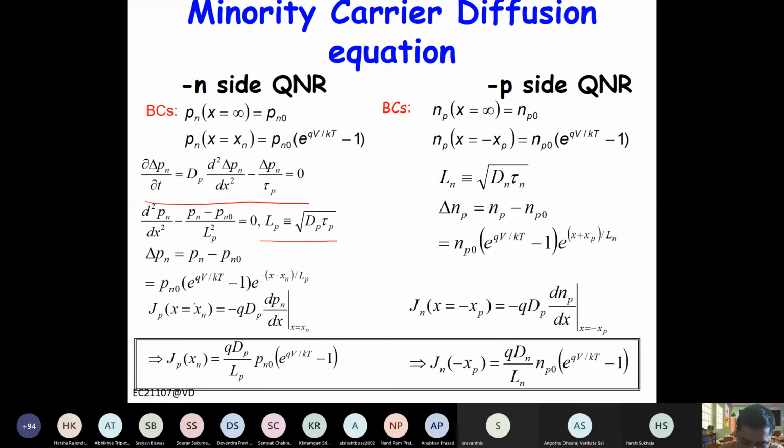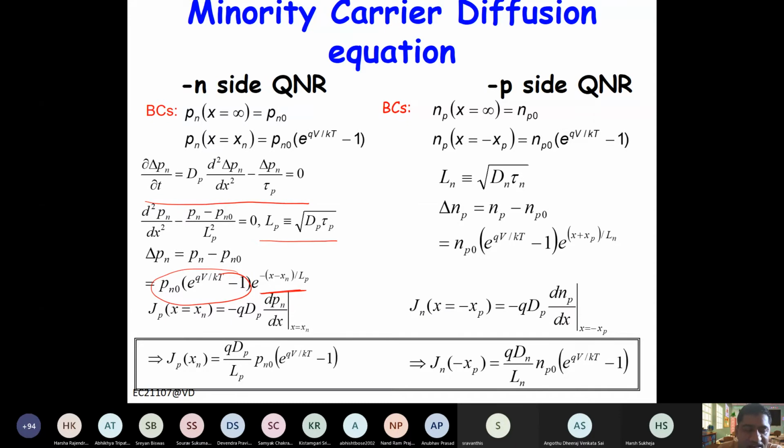So your hole concentration is given by delta p times exponential of minus x by L. Of course, it is starting at xn, so you are writing x minus xn. So xn is basically the starting point. Then, if you recall, np is ni squared exponential qV by kT, right?